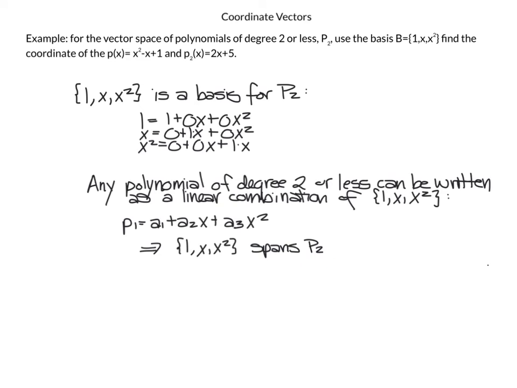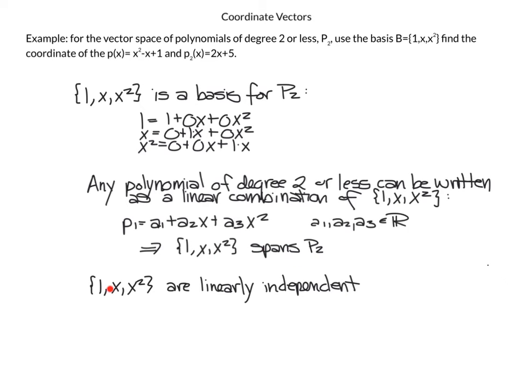So in other words, 1, x, x squared spans the space P2. And this last statement I'm going to hand wave a little bit, but 1, x, and x squared are linearly independent, and you kind of know that because you can't write any in terms of the others. In other words, 1 cannot be written as a linear combination of x and x squared.